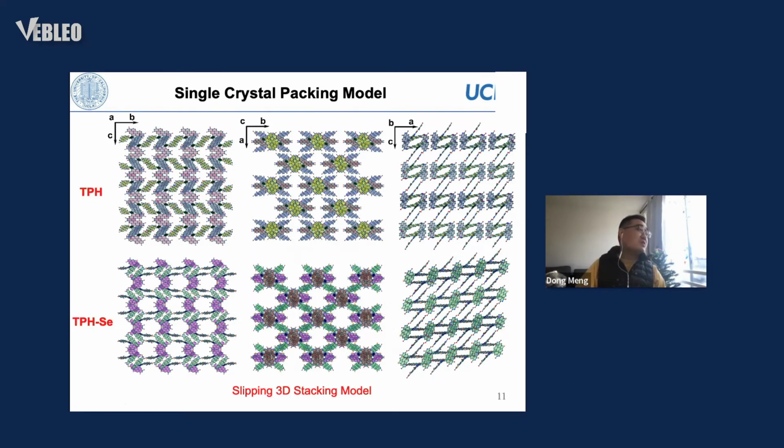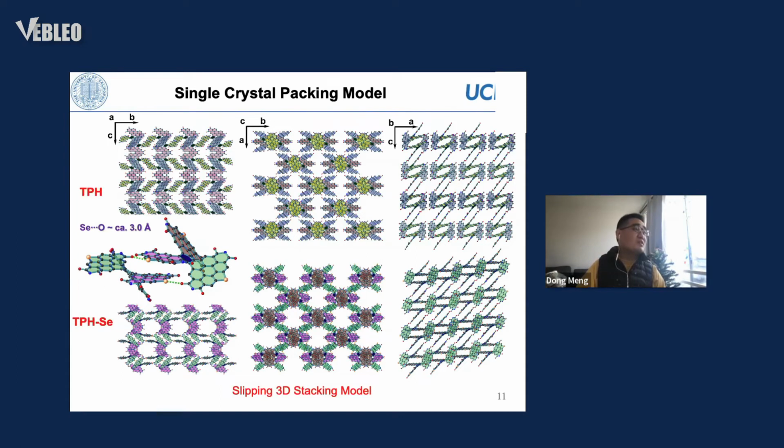The selenium compound TPH-Se has better interactions and a shorter molecular distance, because the selenium interactions help the molecules stack better and get better performance.